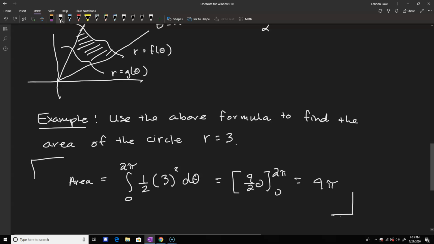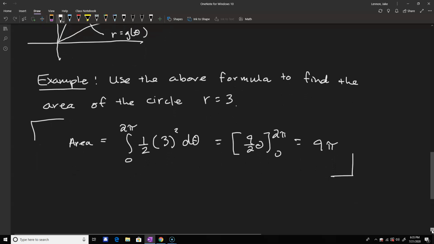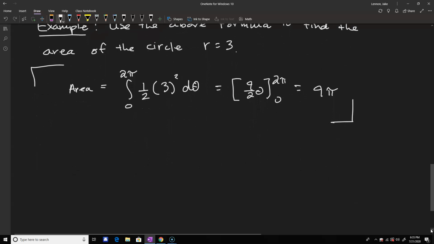That's not such an interesting example, but let's go ahead and look at one of the rose curves and find that area as well. So example: let's find the area of the 4-leaf rose.